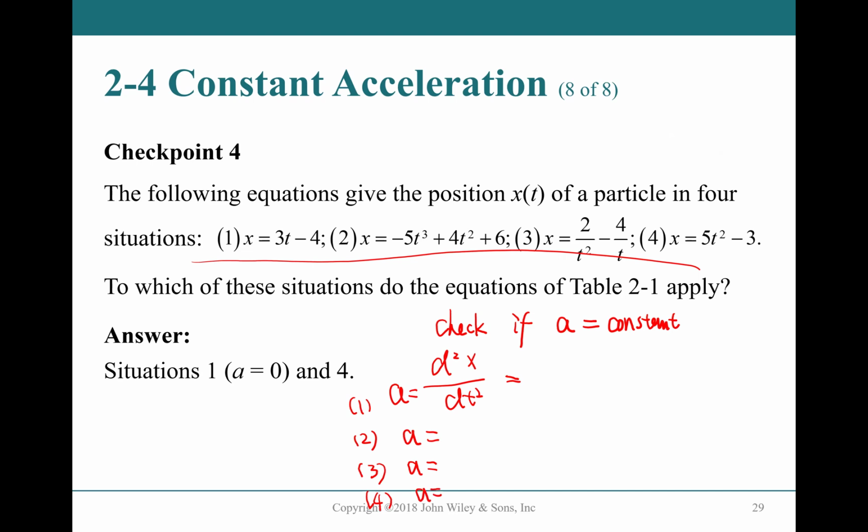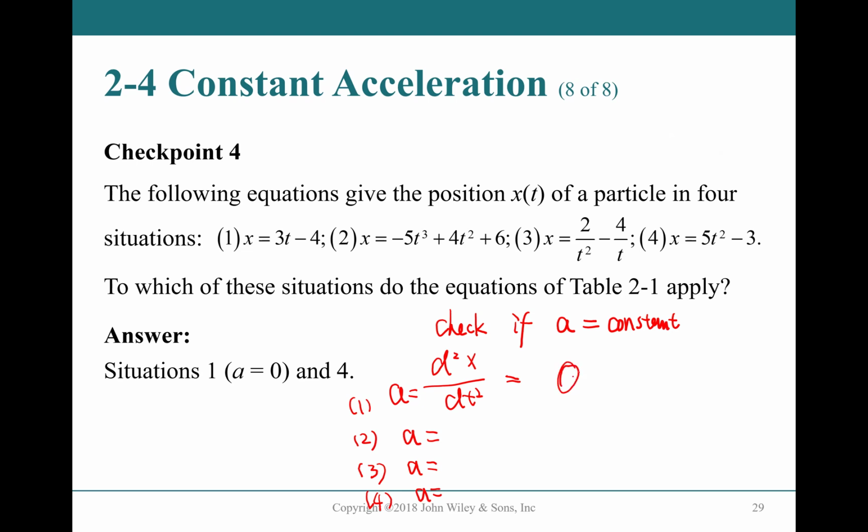Try to do this calculation here, okay? I'm going to erase my pen. So try to see what your acceleration is. The first one is very simple. You take the first derivative, you get a 3, and you take a second derivative, you get a 0.